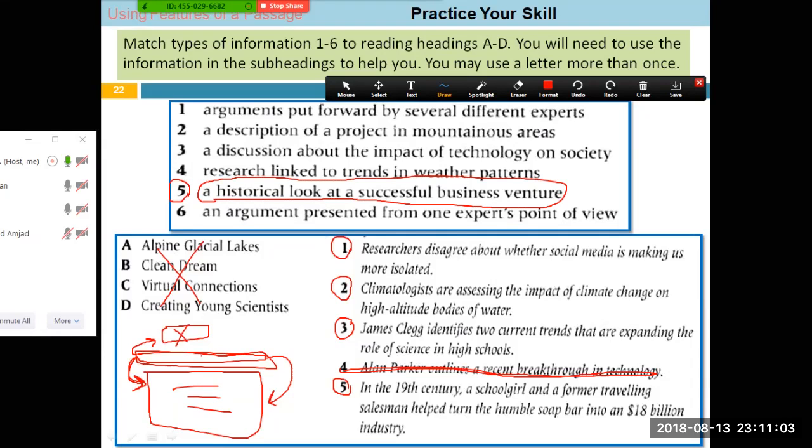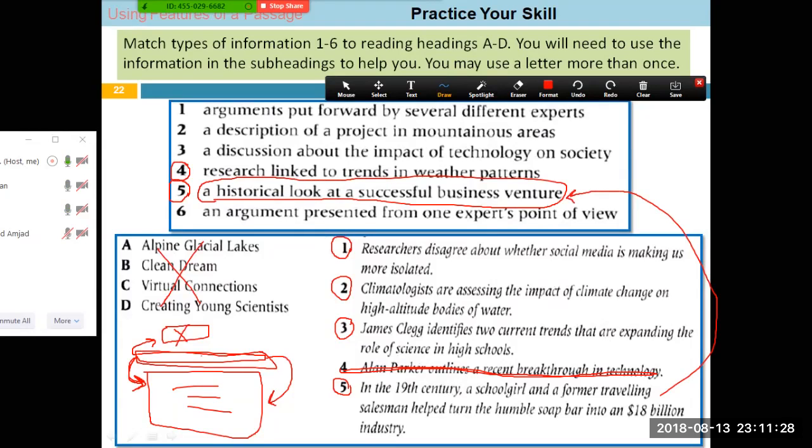What do you think? It's number 5. Obviously, we can find this type of information with this subheading, right? Yes, sir. Now, please read number 4. Research linked to trends in weather patterns.